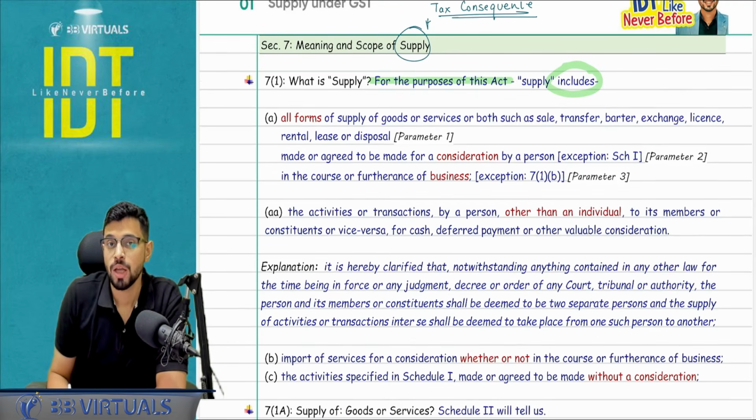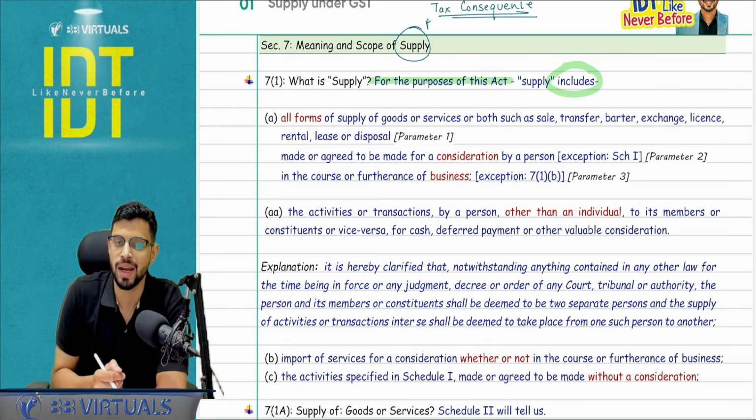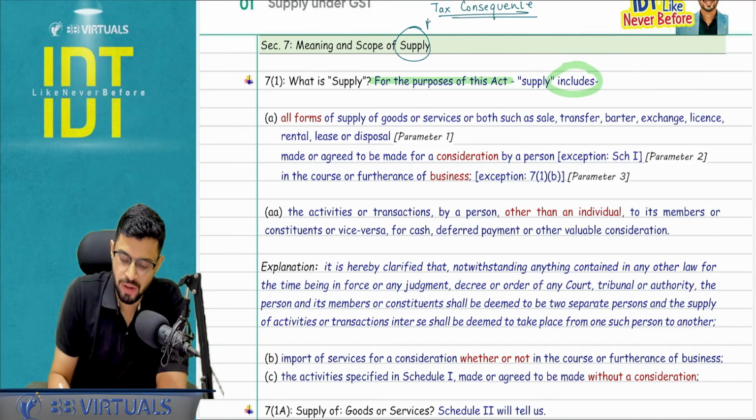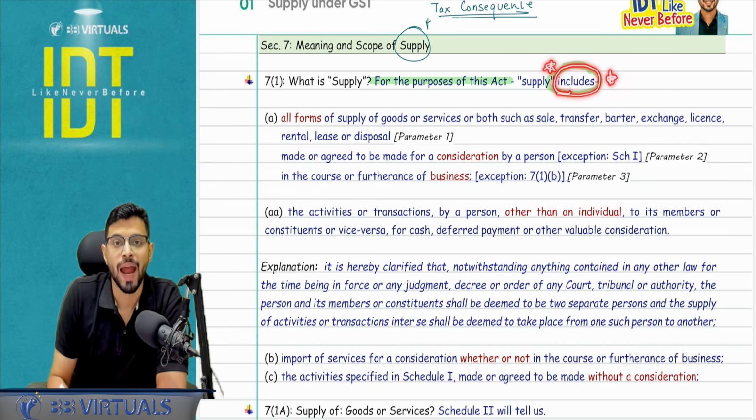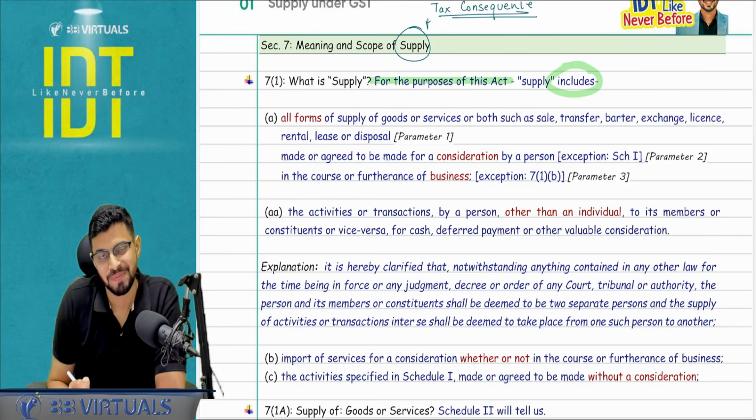Sir, the intention of the government is to not restrict the definition. The intention of the government is to keep it open-ended. Tomorrow it is possible there is something new which is coming into the market, some new form of a transaction that comes into the market. So government is trying to play safe by saying includes and not saying means.